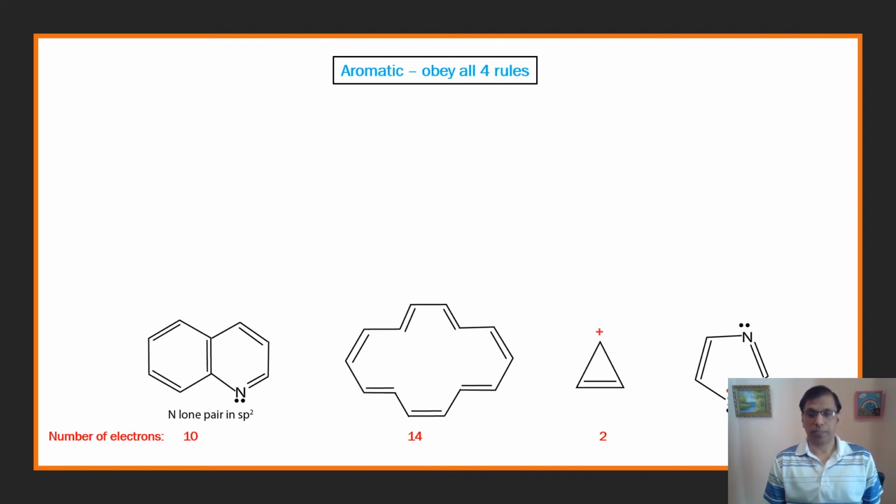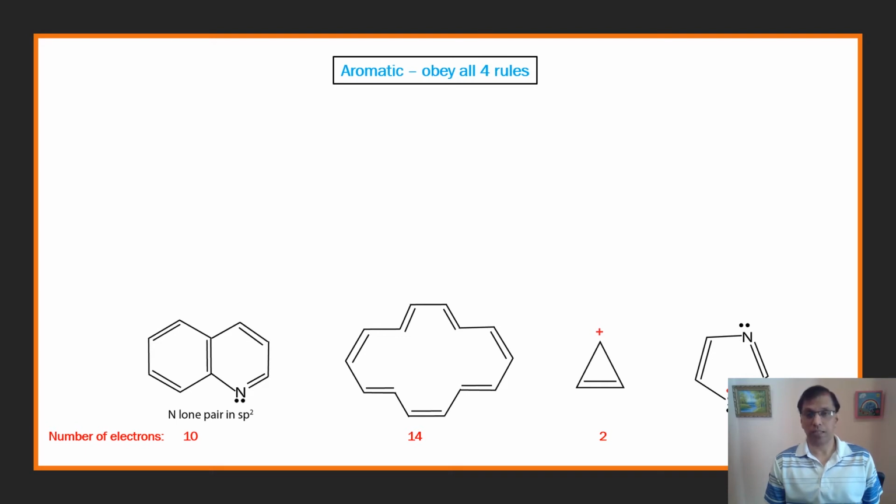This is a big polycyclic molecule. It has 7 double bonds. It does obey the Huckel's rule of 4n plus 2. In this case, n is equal to 3.